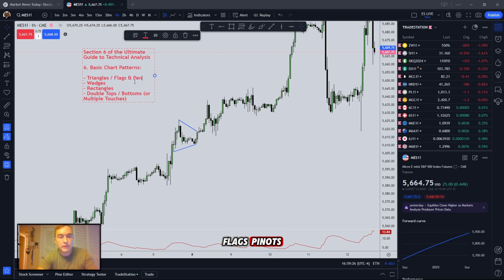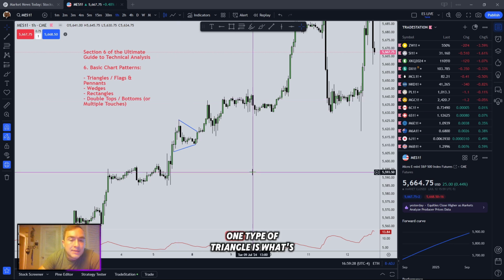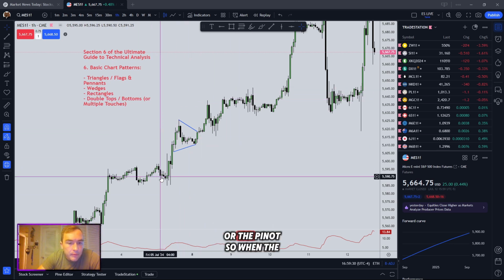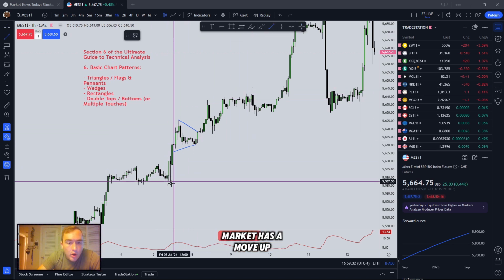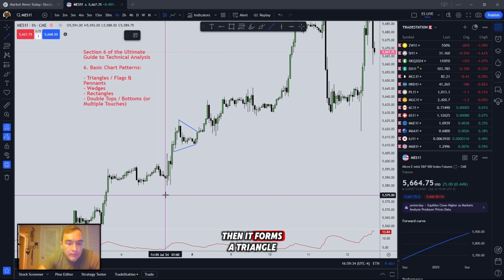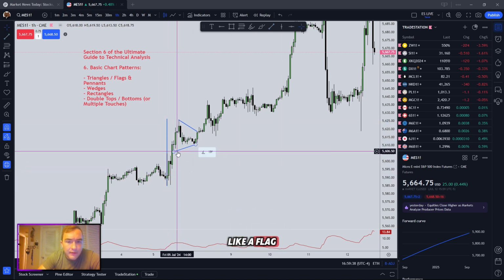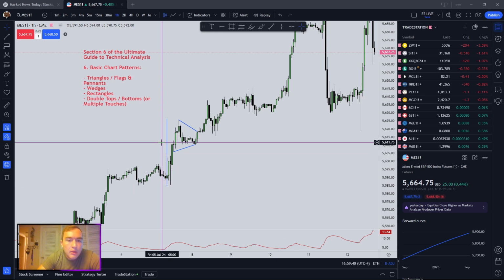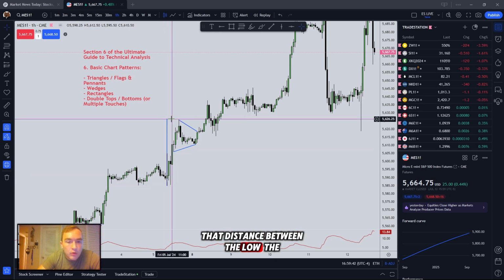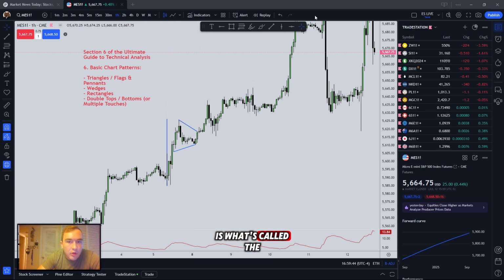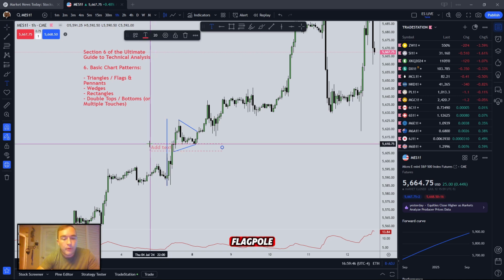flags and pennants. One type of triangle is what's called the flag or the pennant. So when the market has a move up and then it forms a triangle, notice that it kind of looks like a flag. And the distance between the low and the high is what's called the flagpole.